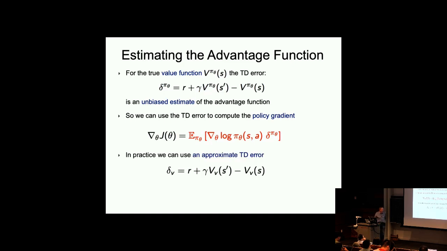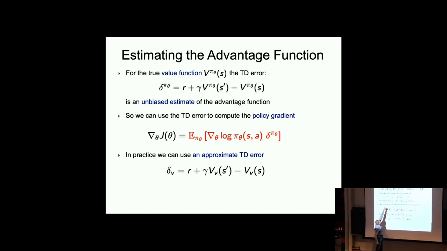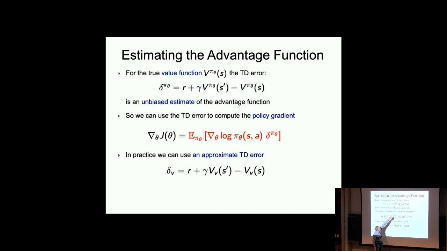Okay, so in practice, despite the fact that we know delta pi theta is that quantity, and its expected value is the advantage function, in practice we often are learning some value function, and it's, again, not the same as v of pi theta.